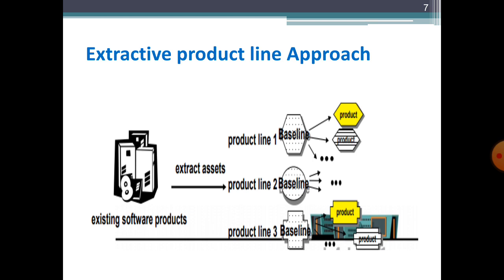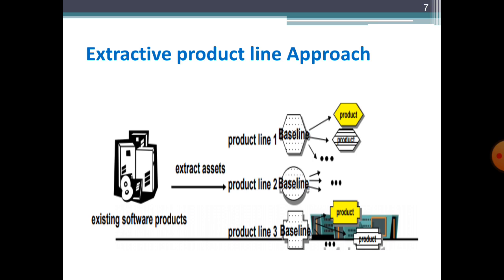So this type of extractive approach, students, reuses one or more existing software products for the product line initial baseline as well. This requires lightweight software product line technology and techniques that can reuse existing software without much re-engineering.